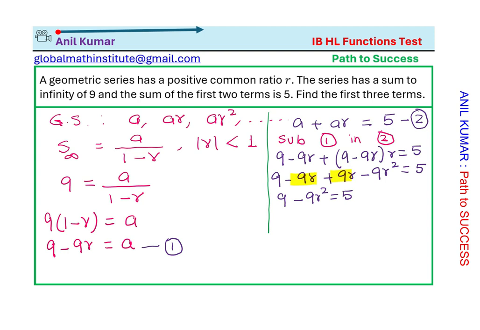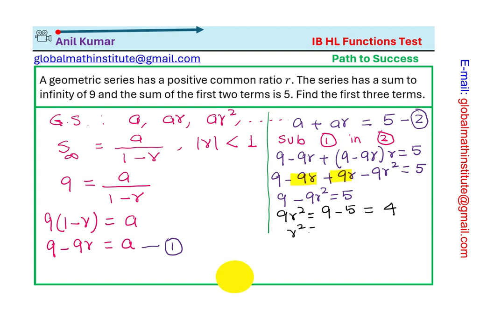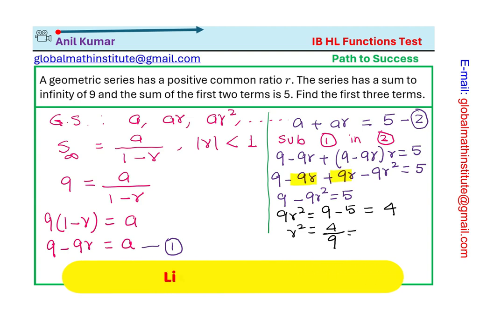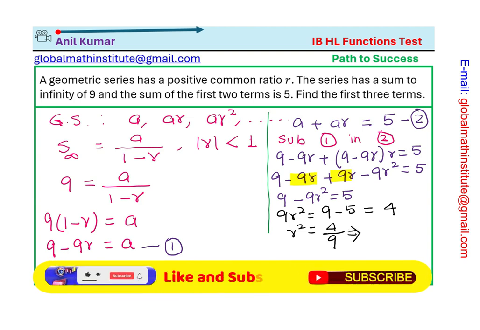Correct. So we can rearrange now. We have 9r square equals 9 minus 5, which is 4. And clearly r square equals 4 over 9. And that gives you the value of r as the square root of this.